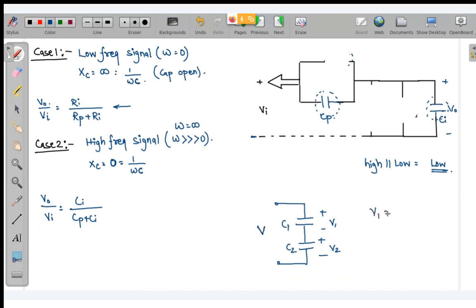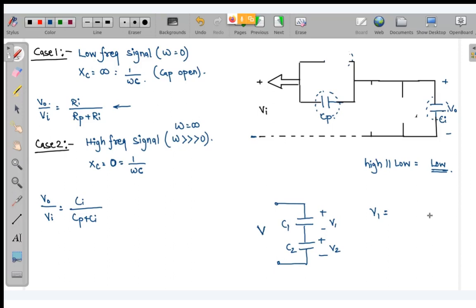Just tell me what is V1. I want to know what is V1. Don't tell me they are going to add or subtract. I am just asking what is V1.